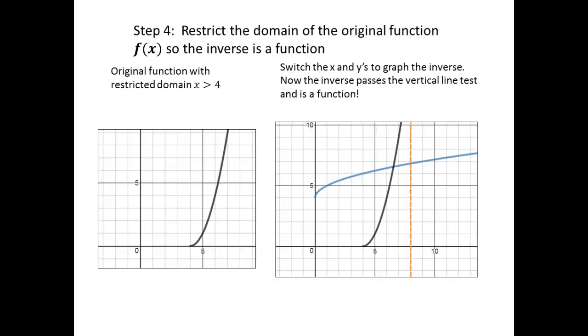Next, I'm going to switch the x's and y's of my function with restricted domain and graph my inverse. Now check that out. When I switch the x's and y's to graph my inverse, I end up with a square root function. That is a function. It passes the vertical line test, and voila, I'm done.